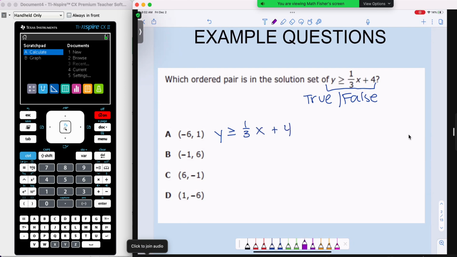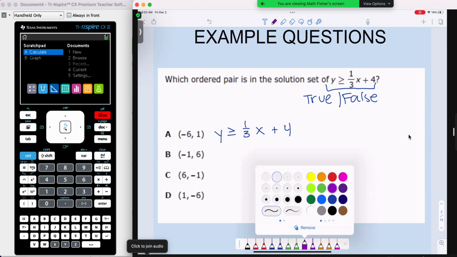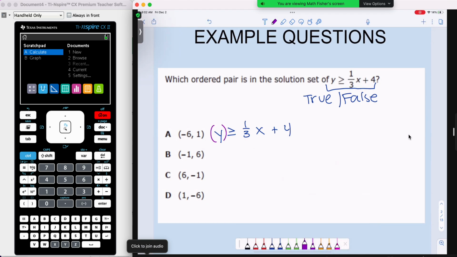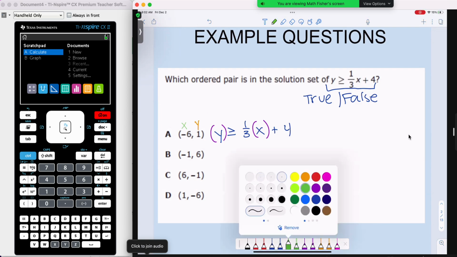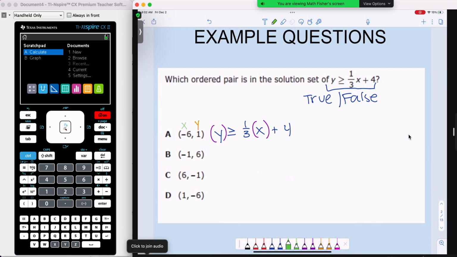We're going to put parentheses around our letters, y and x, and replace our x and y with our numbers. So instead of my y value here, I'm going to erase that and put 1. Instead of my x value here, I'm going to erase that and put -6.